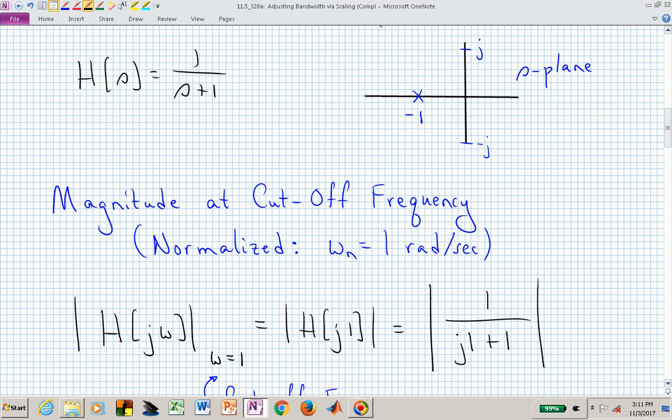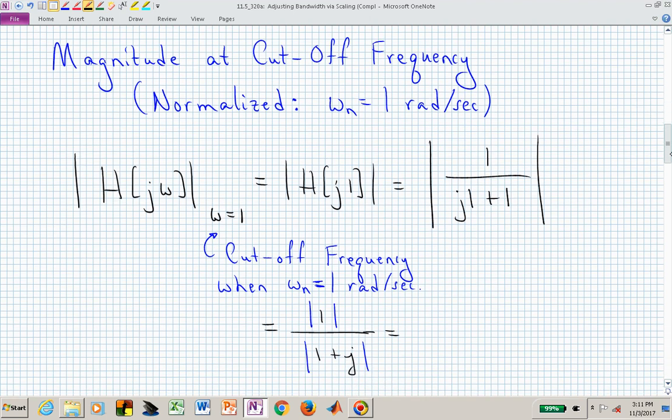Now we want to find the magnitude of that. The magnitude of this ratio or quotient is just the quotient of the magnitudes. We need to find the magnitude of the numerator, and that's a complex number. In this case, the complex number is purely real, so that should be easy to find. That magnitude is just 1.